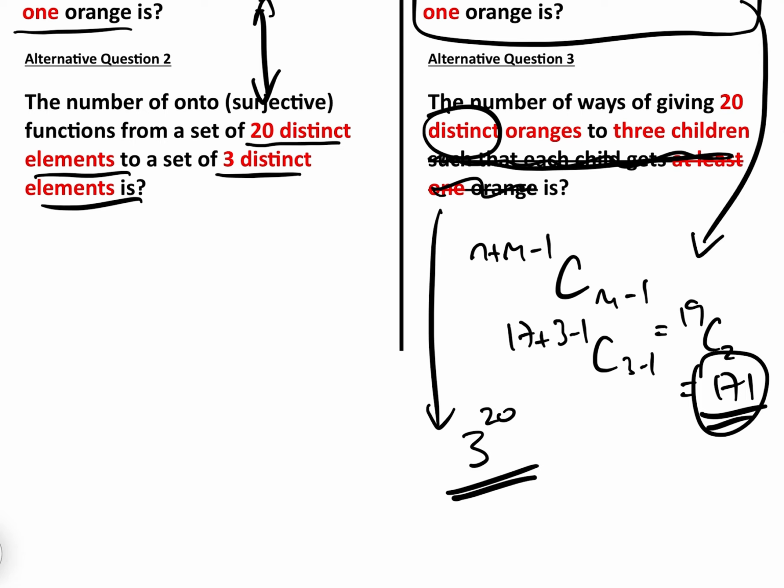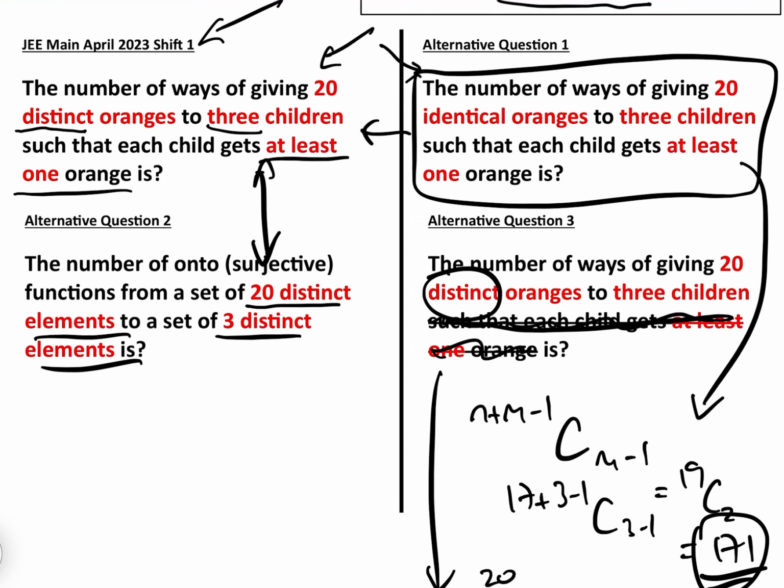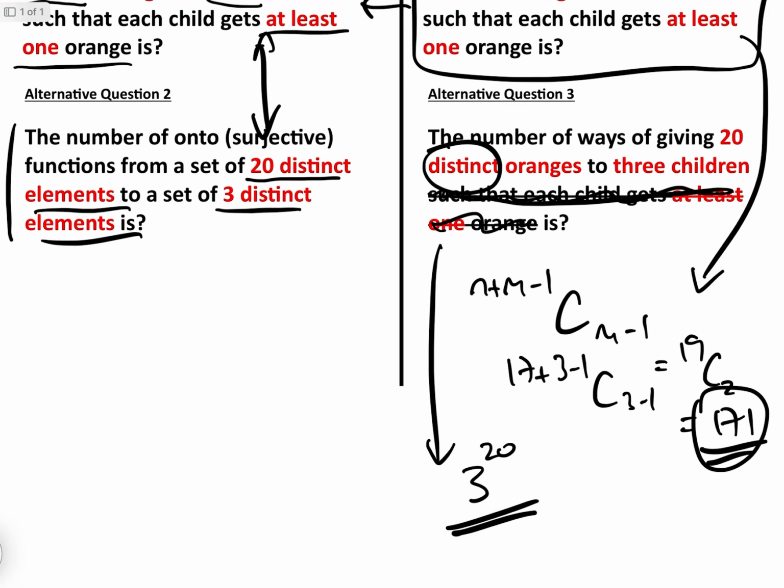So now actually let's have a look at the question which we're supposed to do, which is the JEE Main: 20 distinct oranges to 3 children, such that each child gets at least 1 orange, which is exactly the same as counting surjective functions, which means that we're going to use the Stirling number of the second kind multiplied by n factorial, which does look a little bit horrific, but in actual fact it's quite simple.